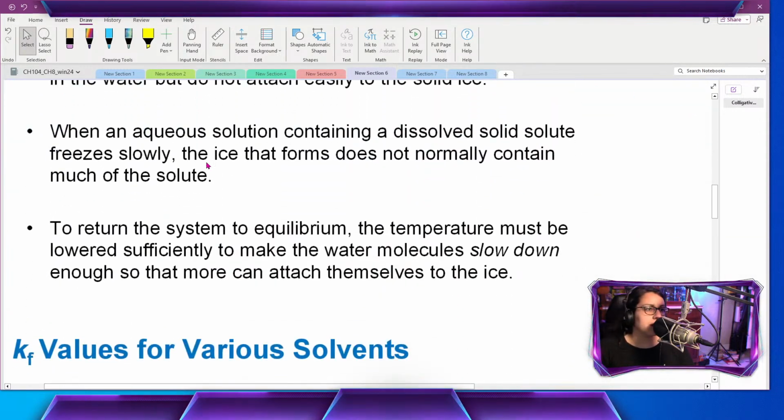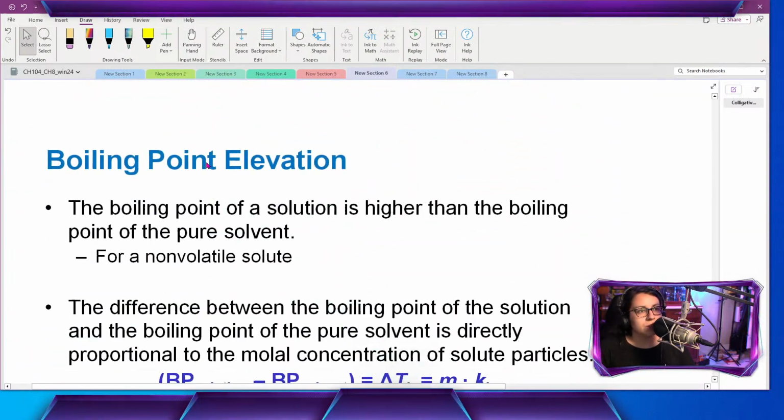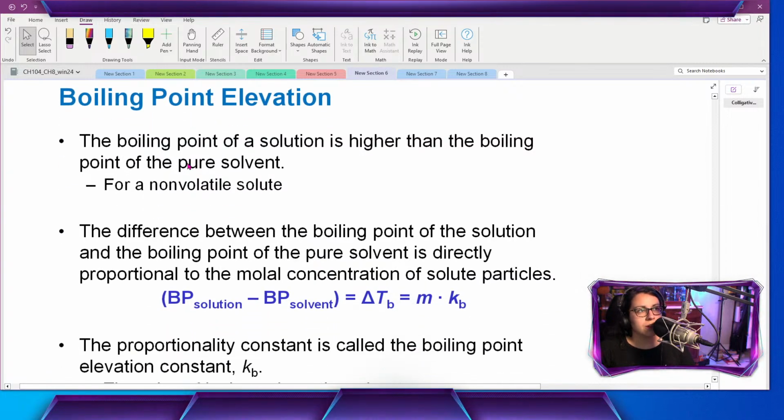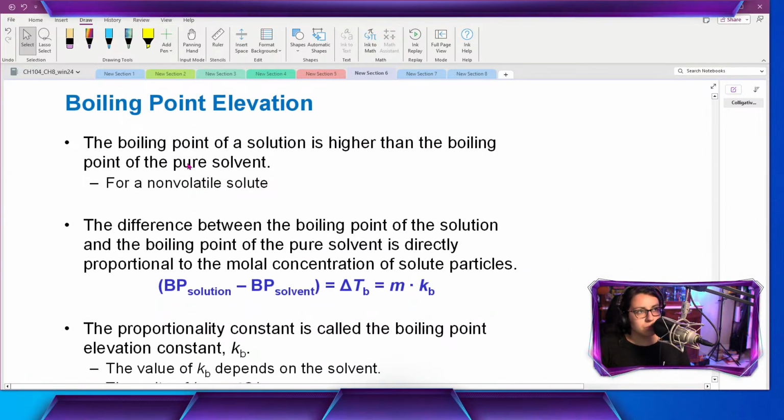And so we scroll back down to our text. So yes, we get the expression boiling point elevation. That is saying the boiling point of a solution is higher than the boiling point of a pure solvent. And this is for a non-volatile solute, aka a solid.